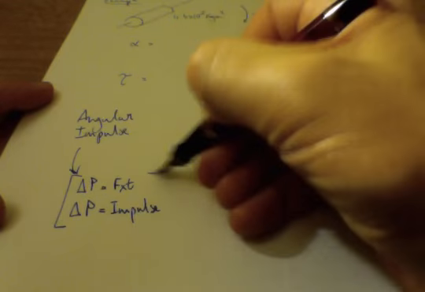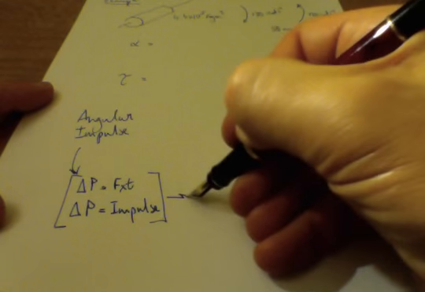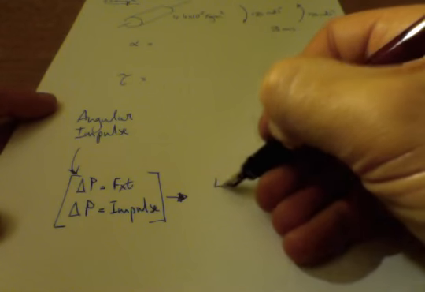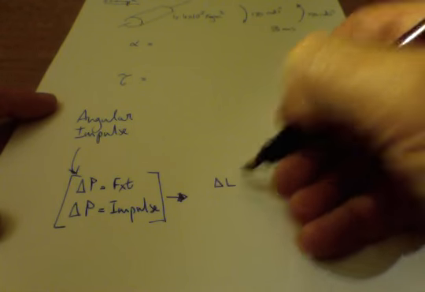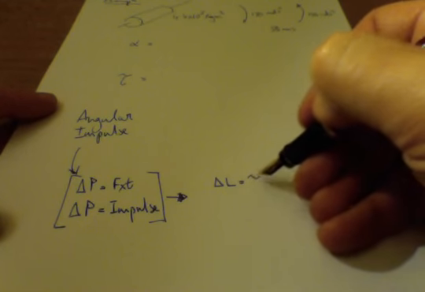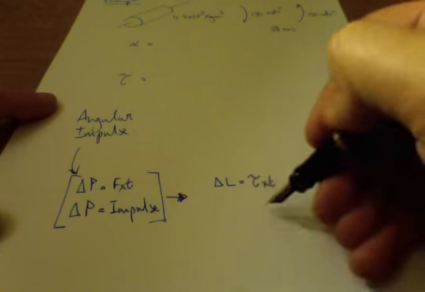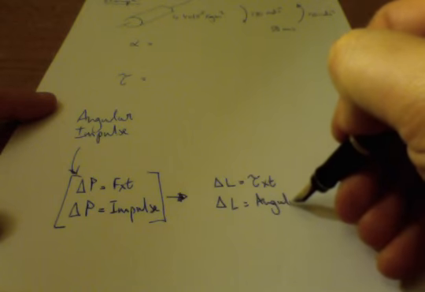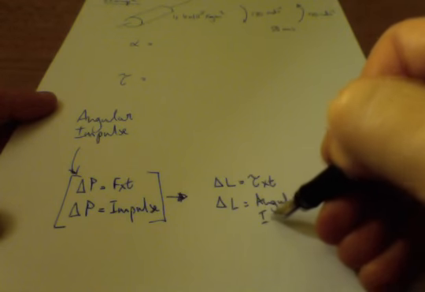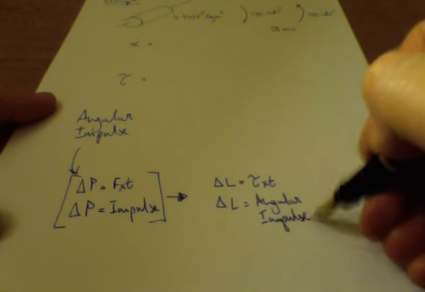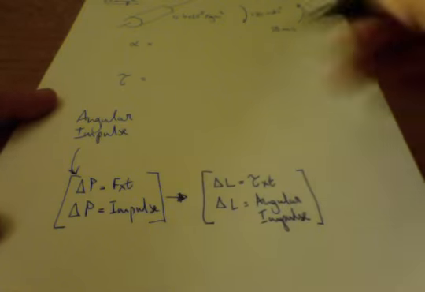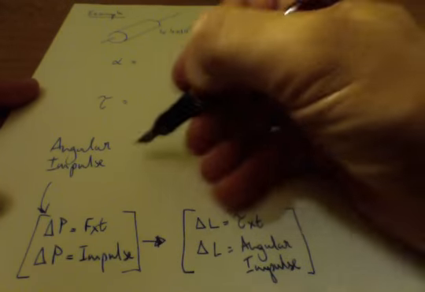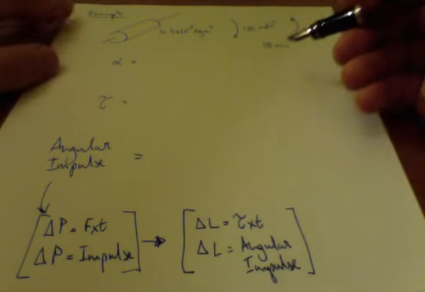So it's not hard to assume that converts into the change in angular momentum is the torque multiplied by the time, or the change in angular momentum is the angular impulse. Okay, if you think you know how to do these three, hit pause, otherwise here comes the answers.